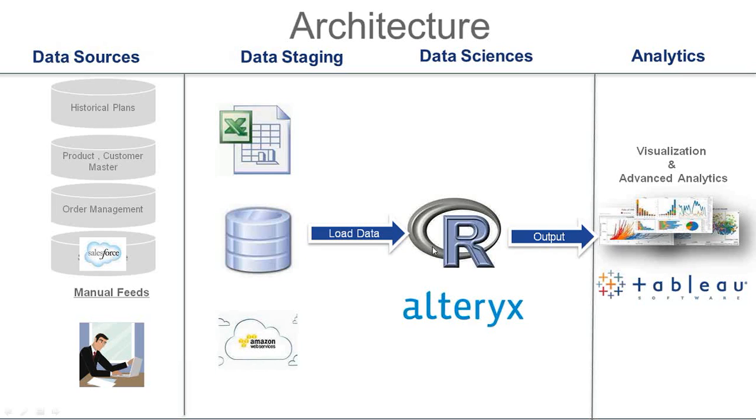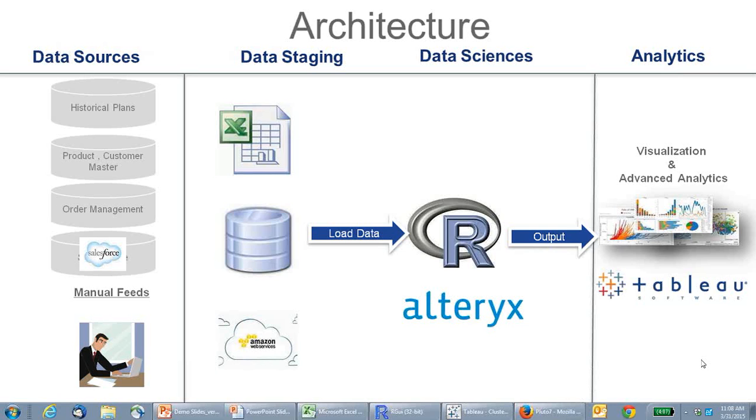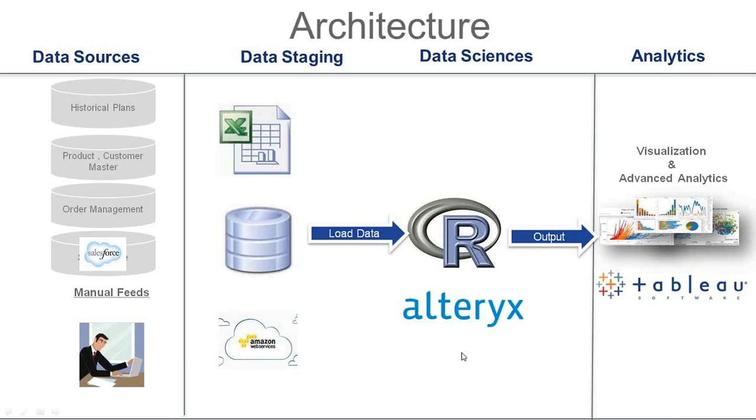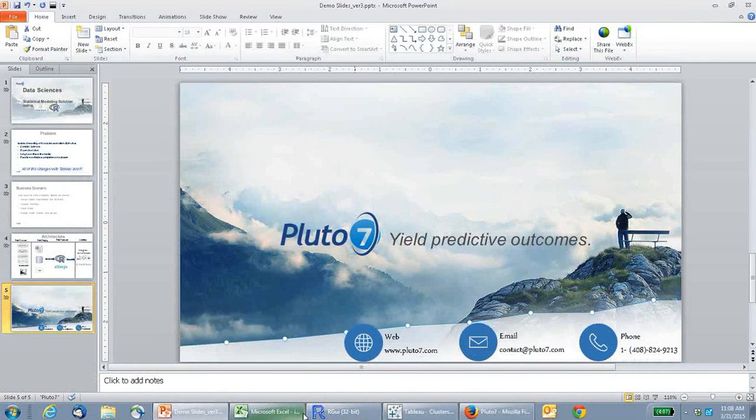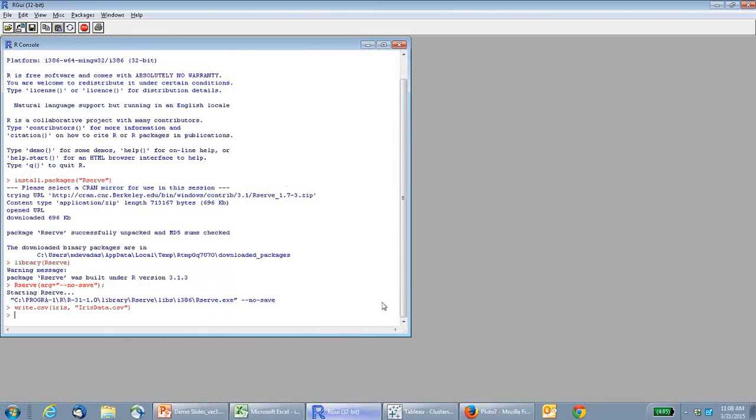And we load the data into R, and if you're looking for geographic information for finding distances and so on, you could find those using Alteryx for geospatial, and then we finally show the output in Tableau. So with that, now let's go into understanding the architecture underneath it.